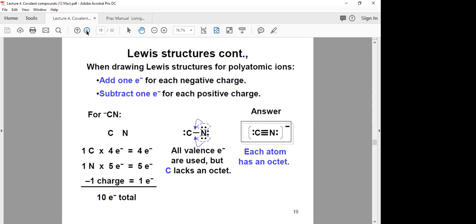The polyatomic ions, how do they differ from ionic compounds? Remember that table had examples such as carbonate, bicarbonate, sulfate, nitrite, nitrate, and so on.